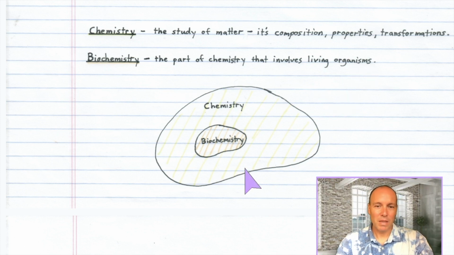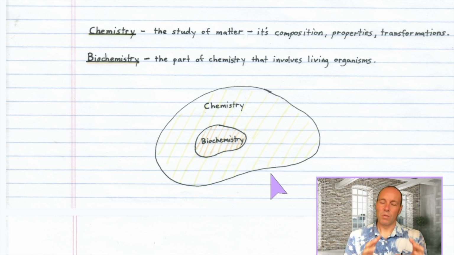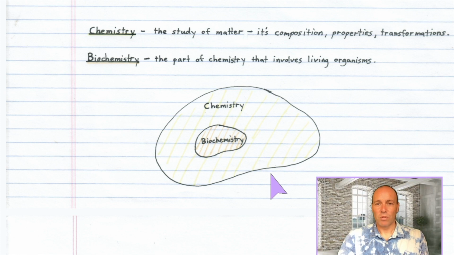Chemistry is a very big subject. All of the material around us, when you study it, its composition, properties, and transformations, that's a large subject. And chemistry interfaces with pretty much every other science out there. So chemistry is called, because of that, the central science. It's hard to draw a line between chemistry and biology, or between chemistry and physics, between chemistry and geology.